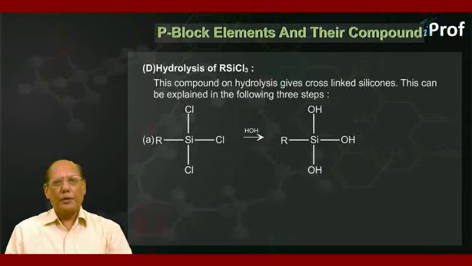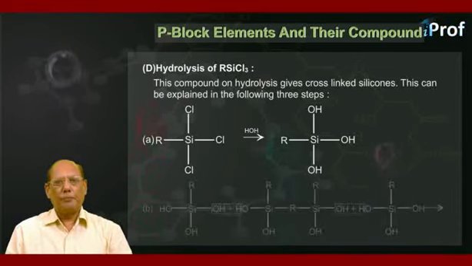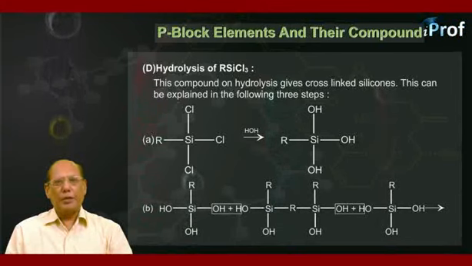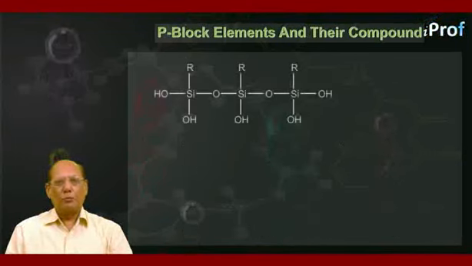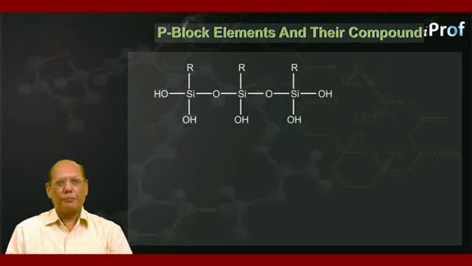In step A, RSiCl3 undergoes hydrolysis to give RSi(OH)3. In step B, two molecules of RSi(OH)3 unite with the elimination of a molecule of water to form a silicone whose both the ends are occupied by OH groups.